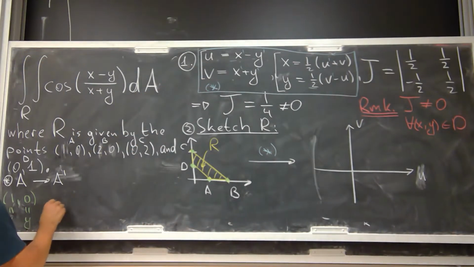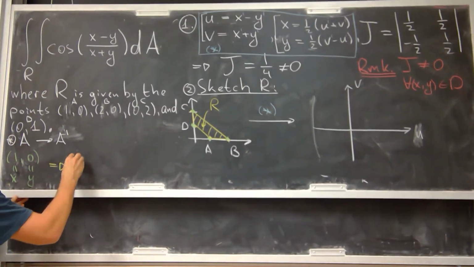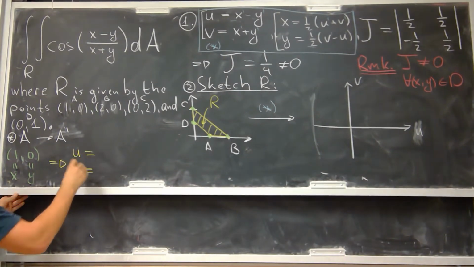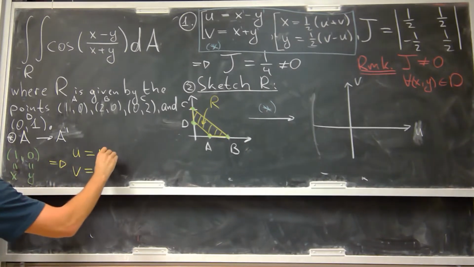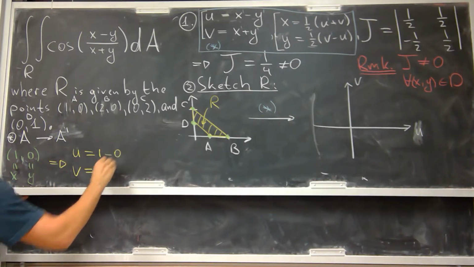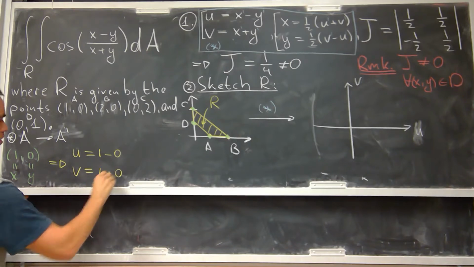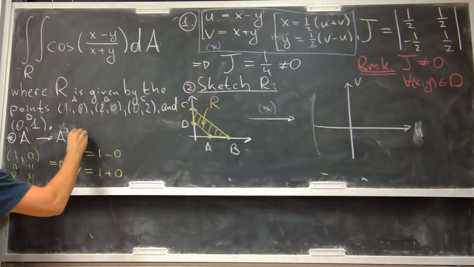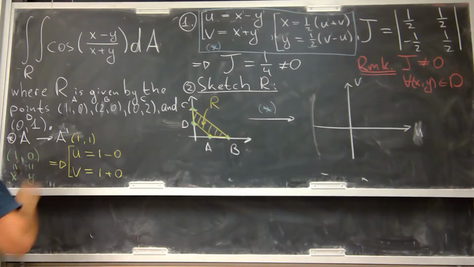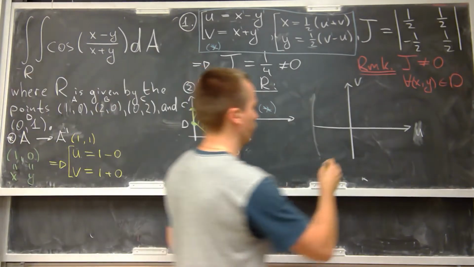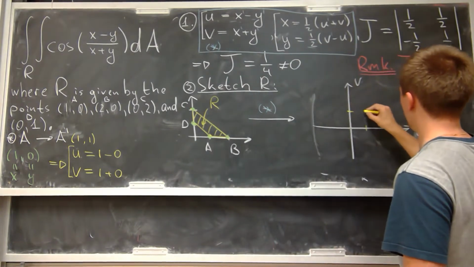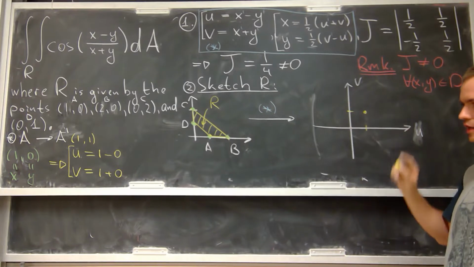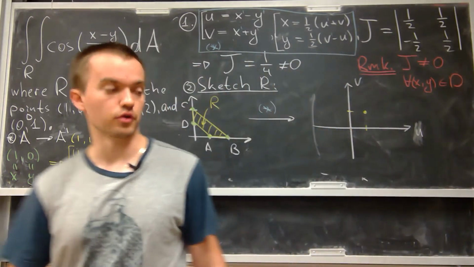So the coordinates of A prime are going to be u and v, where I have 1 minus 0 and 1 plus 0. So A prime is going to have coordinates 1 and 1. This is my A prime. I'm going to sketch it later because I want to see how my region is going to look.